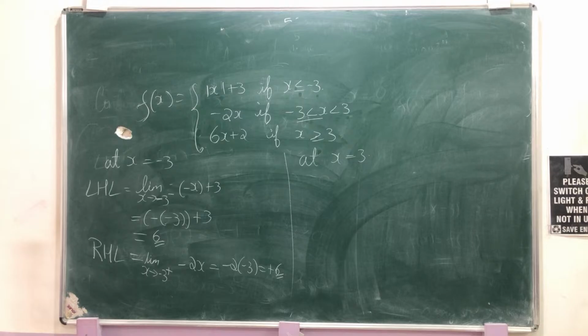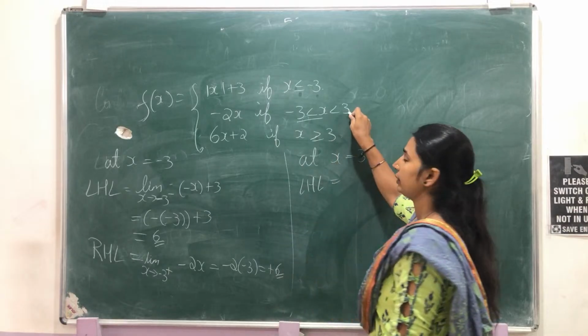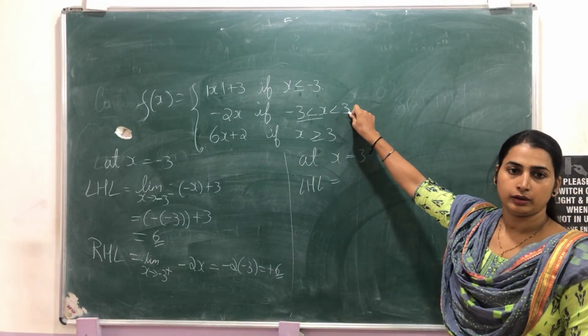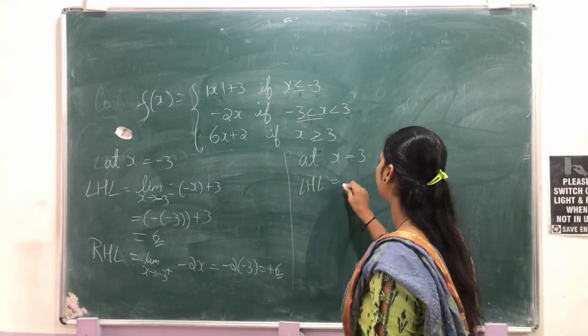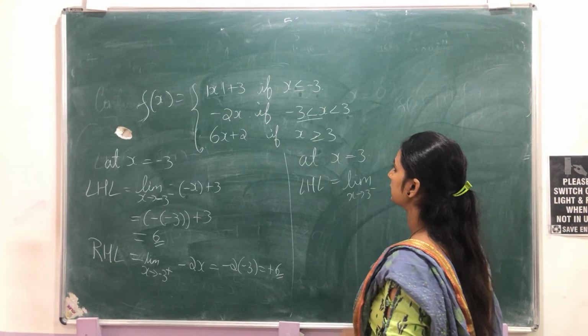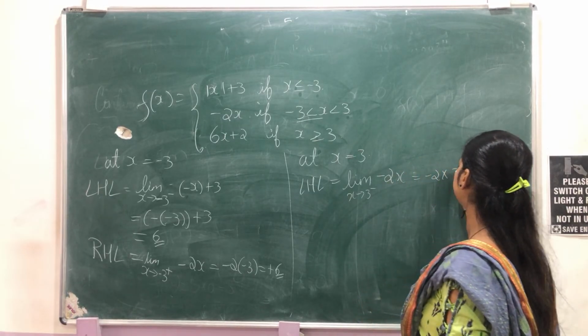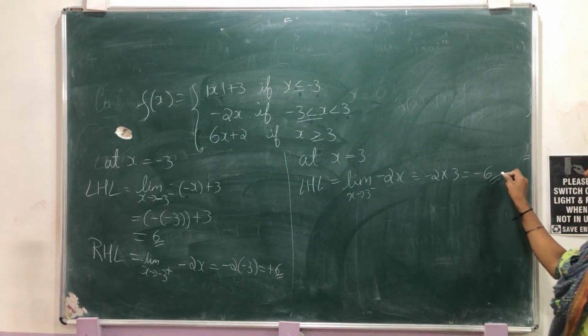3 minus, correct. For less than 3, this one, see, minus 2x. For greater than 3, this one. Now at x equal to 3, what is left hand limit? See, less than 3. You need to consider this, so what you are going to get? Limit x tends to 3 minus, less than 3, minus 2x, minus 6.